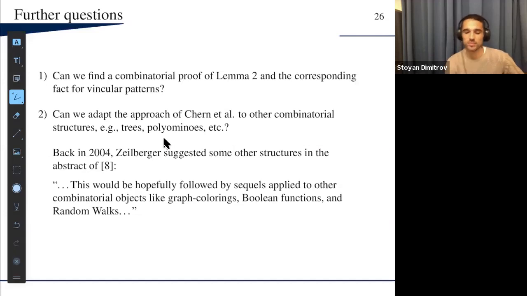In the abstract, he mentions that hopefully this paper will be followed by sequels applied to other combinatorial objects like graphical rings, Boolean functions, and random walks. Perhaps he might say more about these ideas.